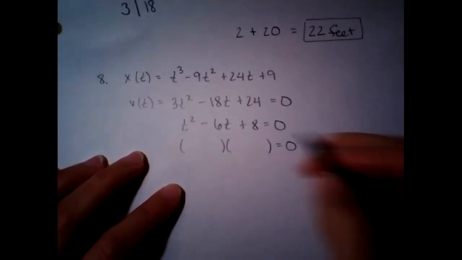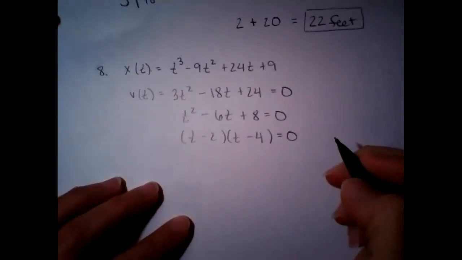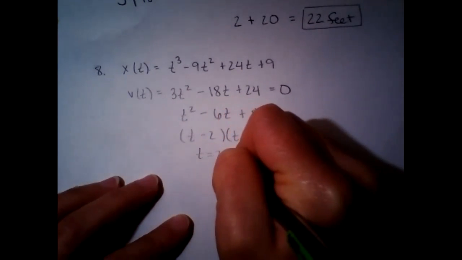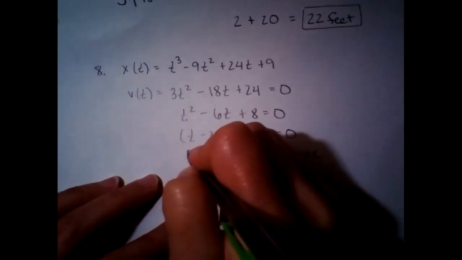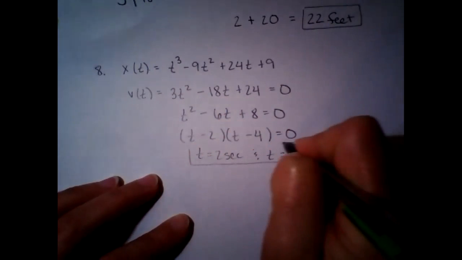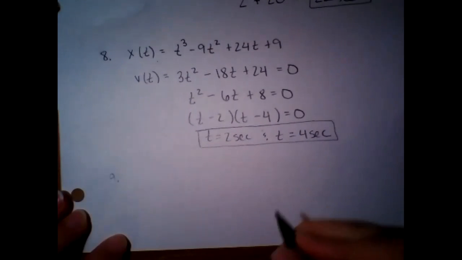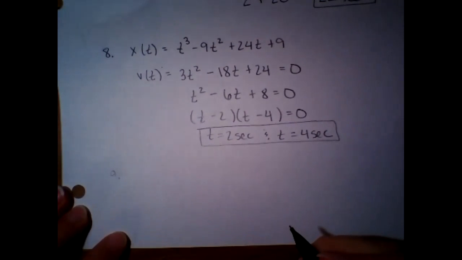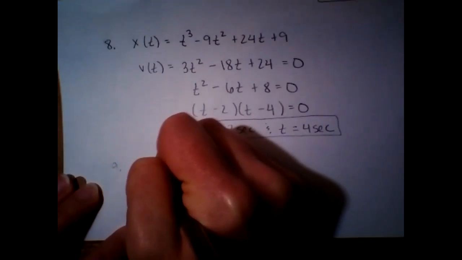So that will split t minus 2 and t minus 4. And so we get time 2 seconds and time 4 seconds. So that was number 8. Number 9 is asking for the total distance in the first 5 seconds. So again, I'm going to make a chart for position.